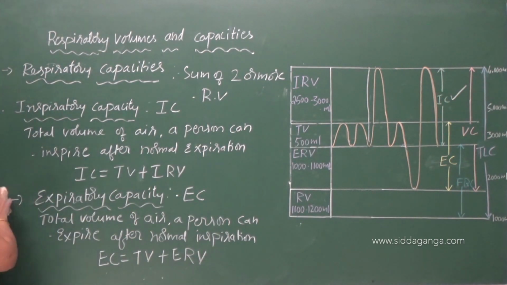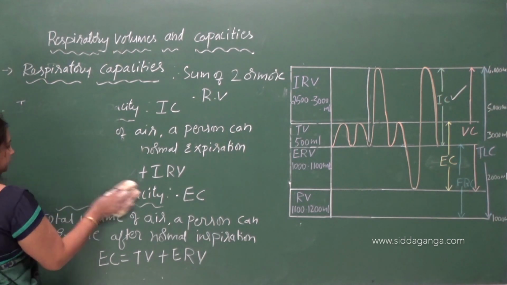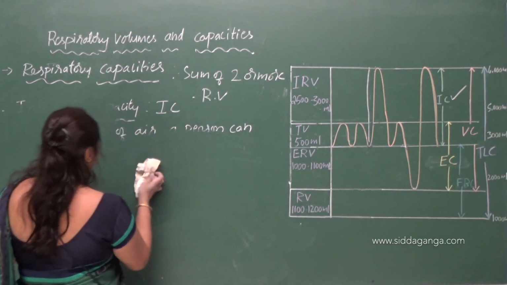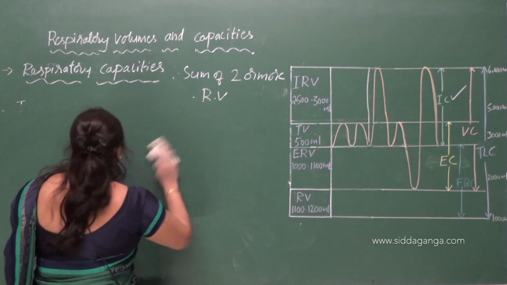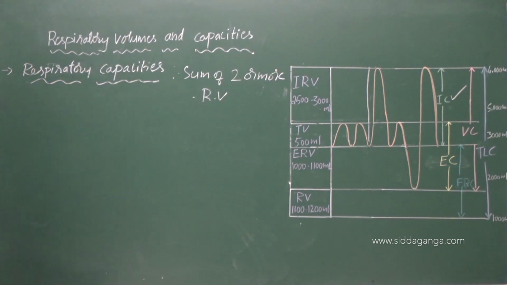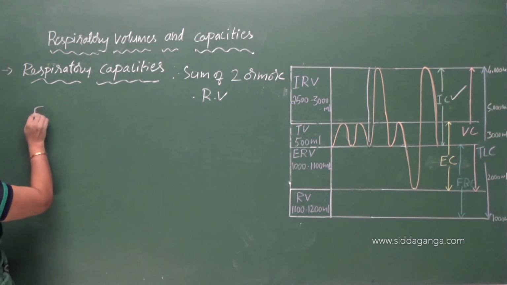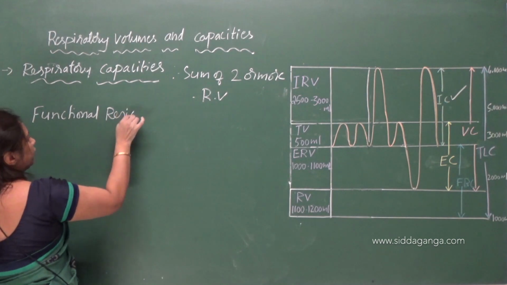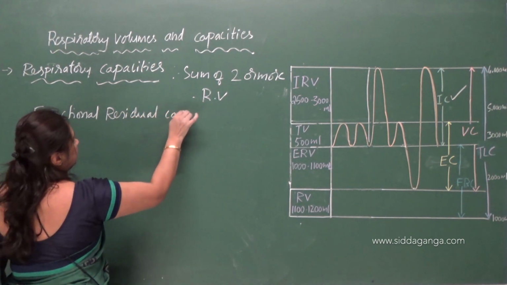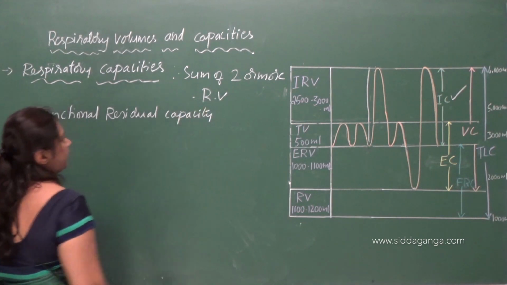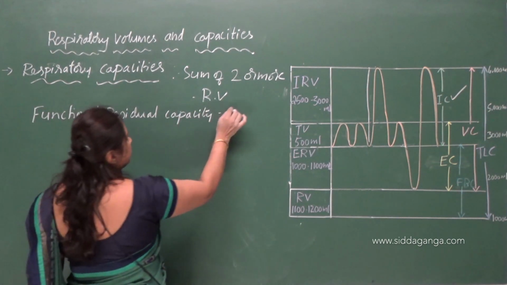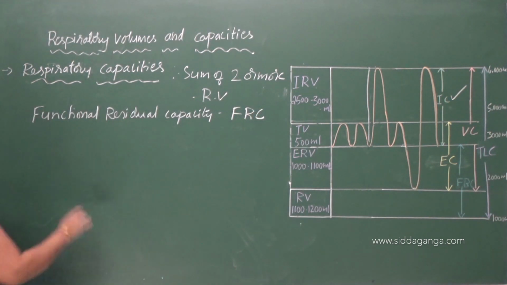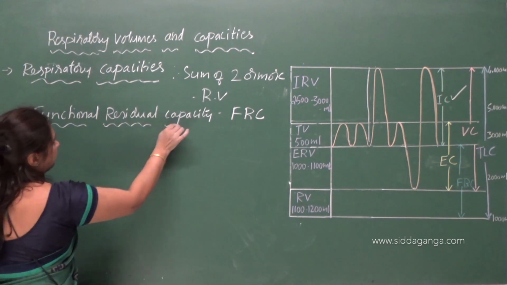Okay, now functional residual capacity. So in short it is FRC, functional residual capacity. What is functional residual capacity?